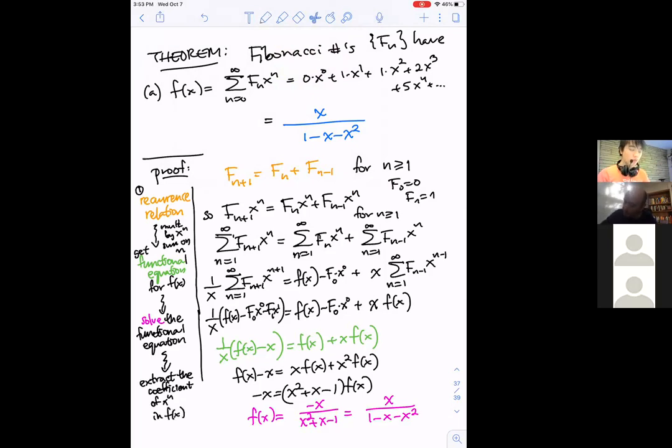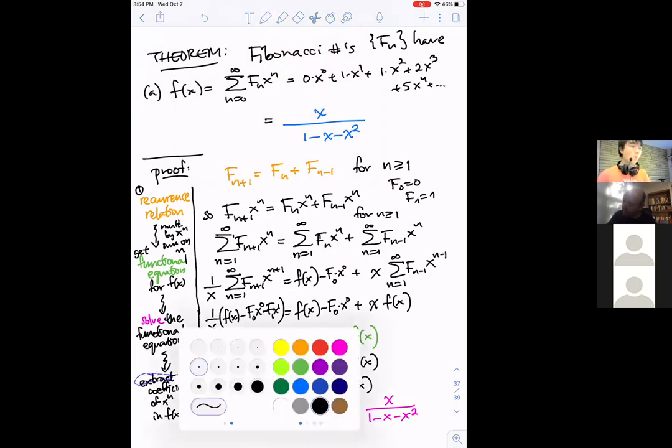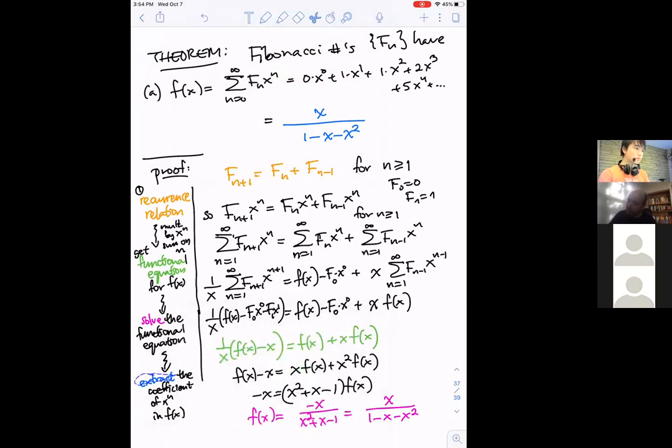For that extraction procedure, there are a lot of techniques that have been built up over the years to help people do this. Sometimes, instead of extracting it exactly like we just got an exact formula, people use techniques, for example complex analysis, to estimate it. Rather than getting an exact formula, they can at least get the asymptotics for it. That works more often than exact formulas, but sometimes you can get it exact.